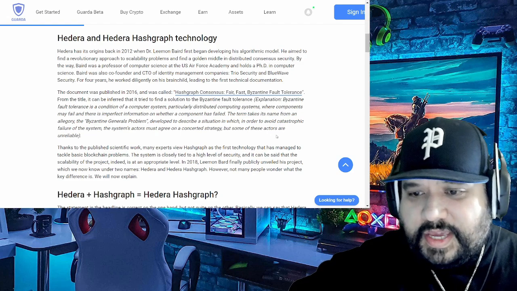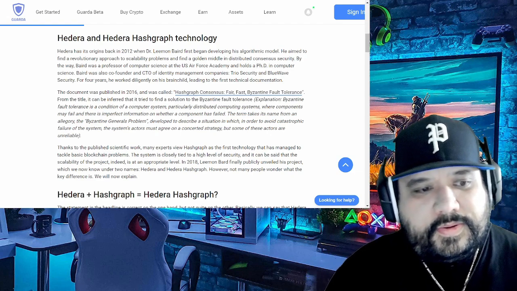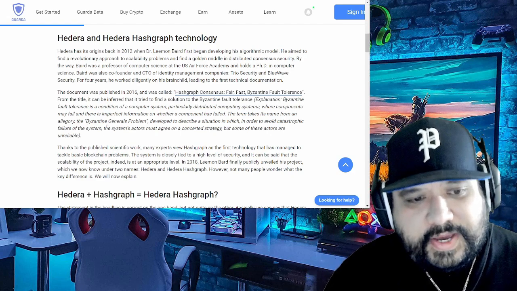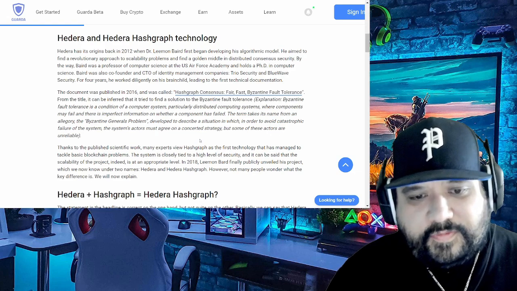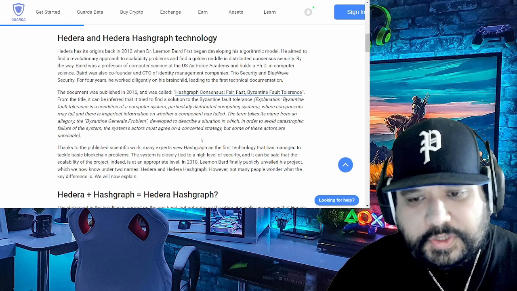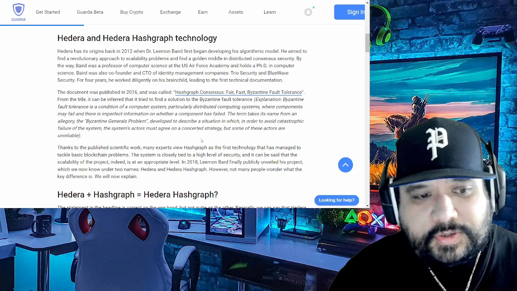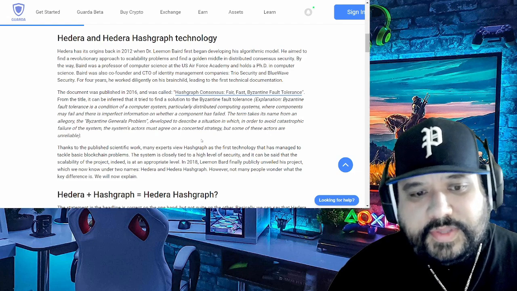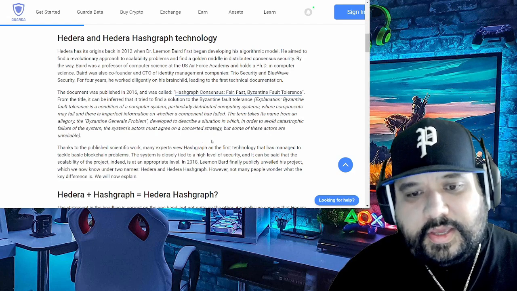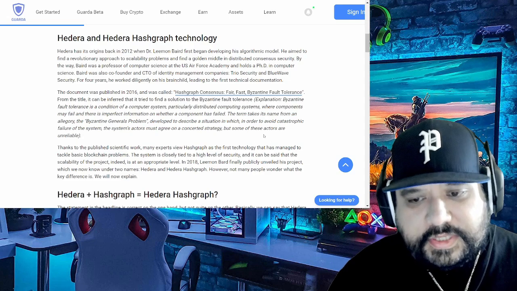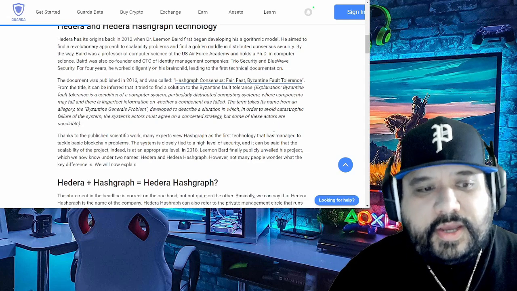The term takes its name from the allegory The Byzantine Generals' Problem, developed to describe a situation in which, in order to avoid catastrophic failure of the system, actors must agree on a concerted strategy, but some of these actors are unreliable.